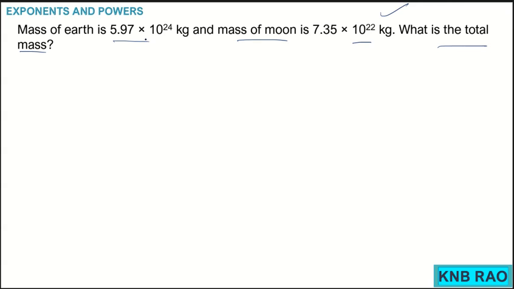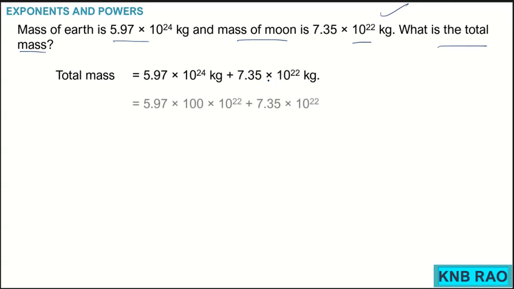See, when you are adding or doing operations on numbers in standard form, you must first convert them to the same power of ten, that is 5.97 into 10 to the power 24 kg plus 7.35 into 10 to the power 22 kg. We cannot do it directly.